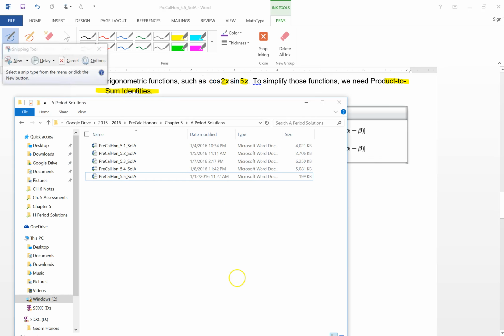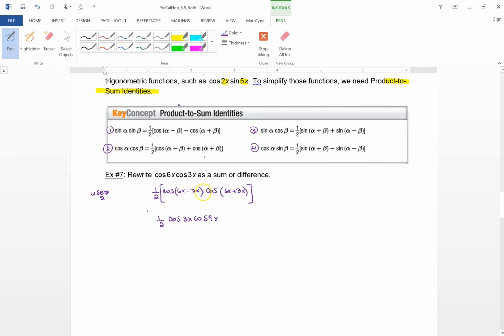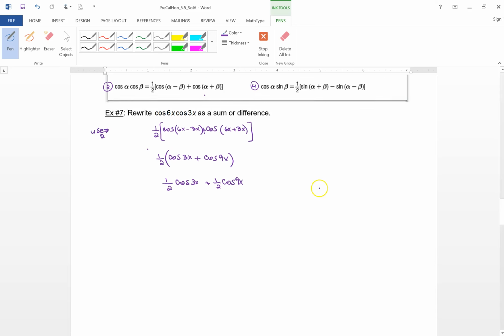Oh, hey. In here, there is a plus. So it's half (cosine 3x plus cosine 9x). And you can either leave it like that, or you can distribute the half and it'll be half cosine 3x plus half cosine 9x. Doesn't matter at all.